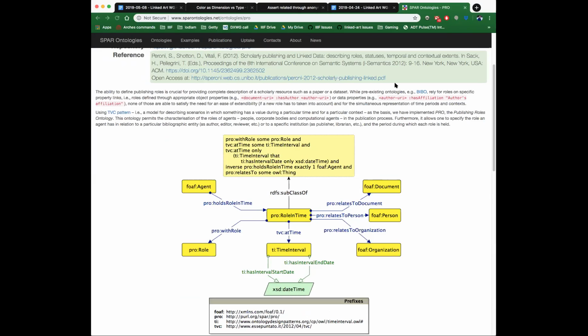And in this case, the pro ontology is mainly reused in the publishing domain. So you will see, if you go through the example in the page, that roles can be held by agents and can be related to either other people or documents or organizations, but actually can be used also in a broader sense, like with places and so on.